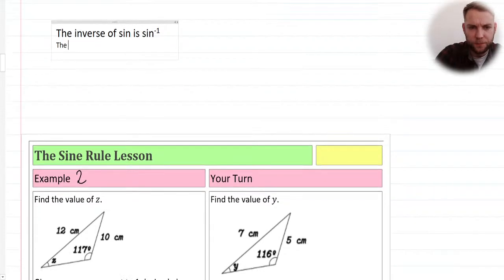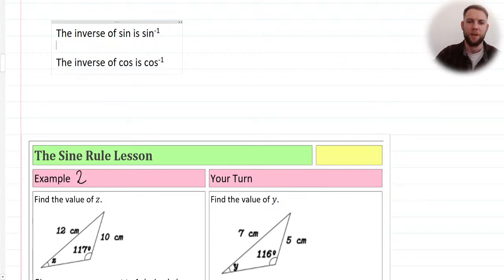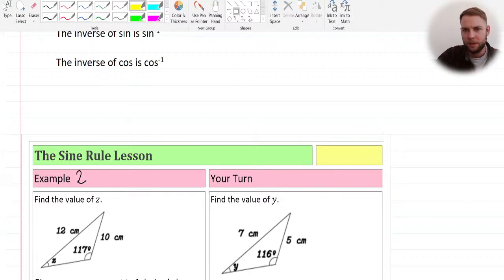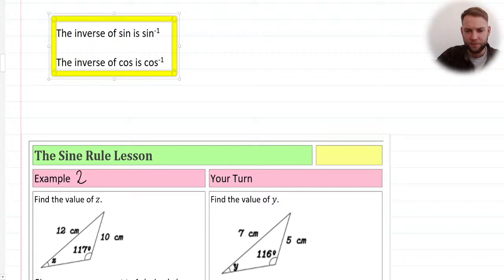And the inverse of cos is cos to the -1. So get those down, you will need those. You should know that already, but just in case you didn't.